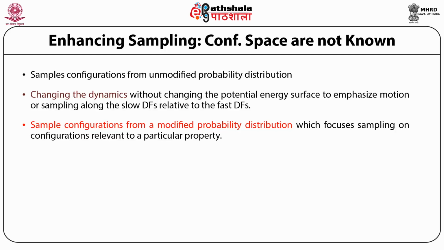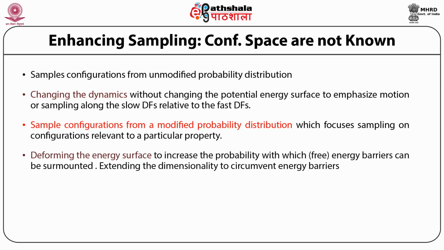That means we can add a particular property to the potential so that it samples only those configurations which are relevant for our calculation, like collecting a lot of data at the transition state or at the hill point or higher point. Another is that we constantly put in another energy or function so that it deforms the energy space, so it actually increases the probability to reach the energy barrier quite fast, that is, within our trajectory time scale.